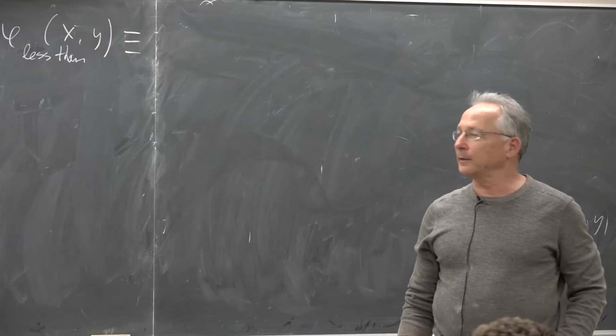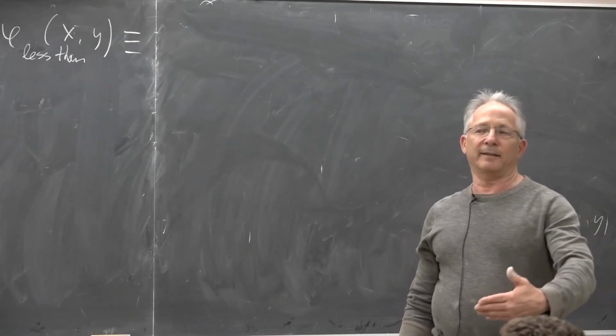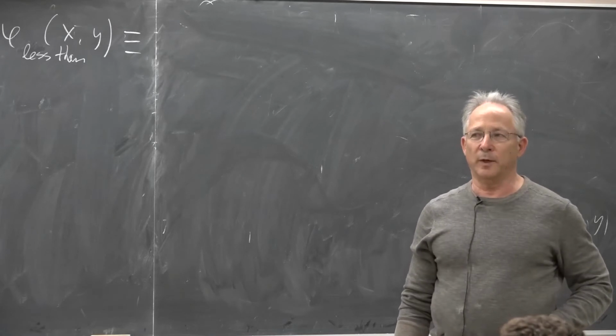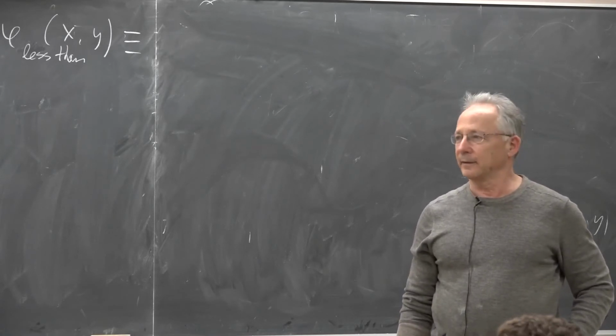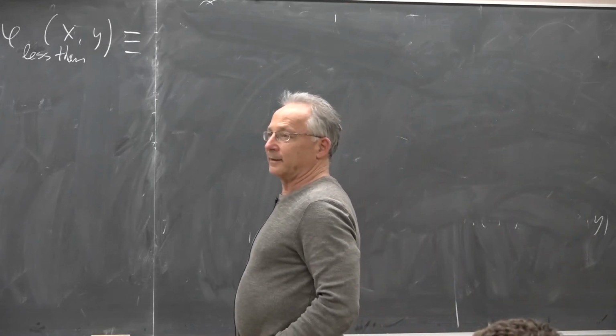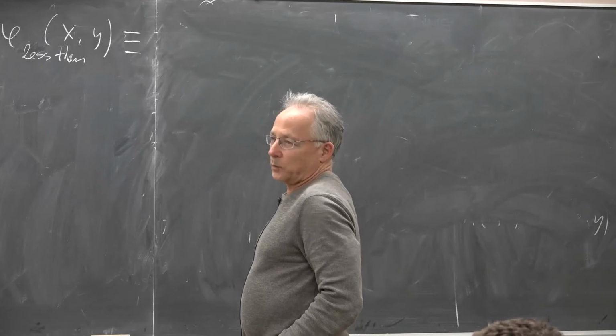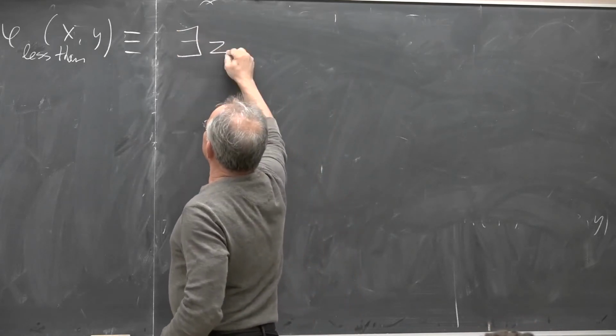How will I say in this language that x is assigned a number which is less than the one I assigned to y? Yes? There exists some z such that f(x, z) is y and z is not equal to a.